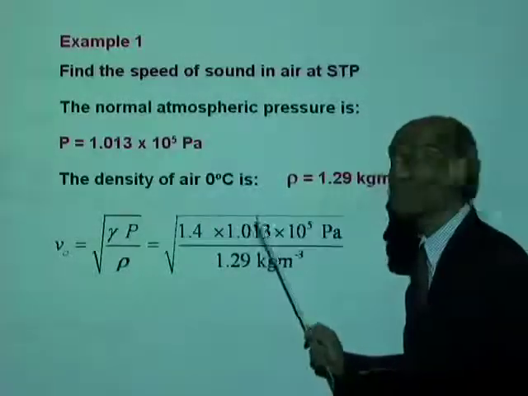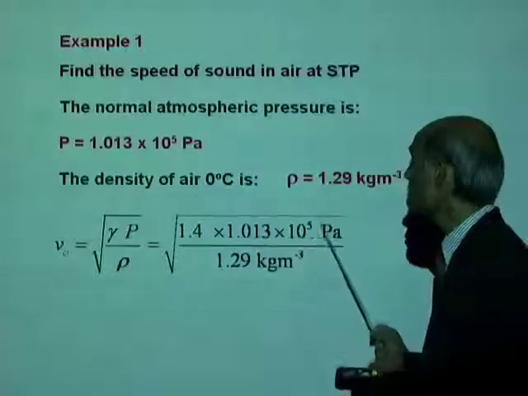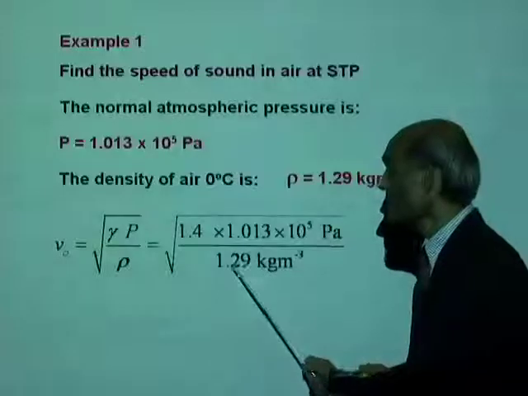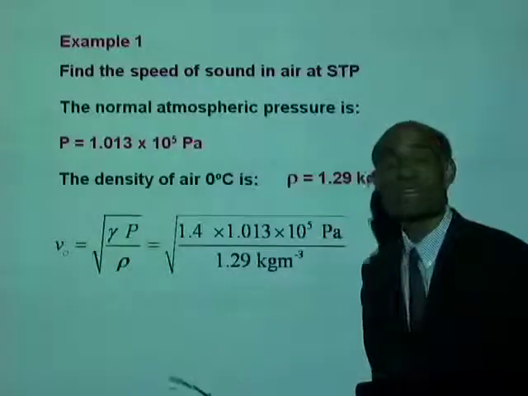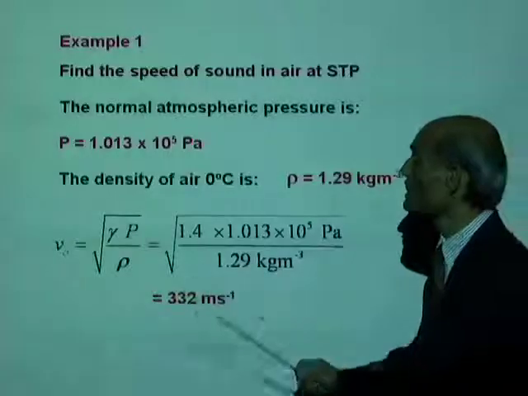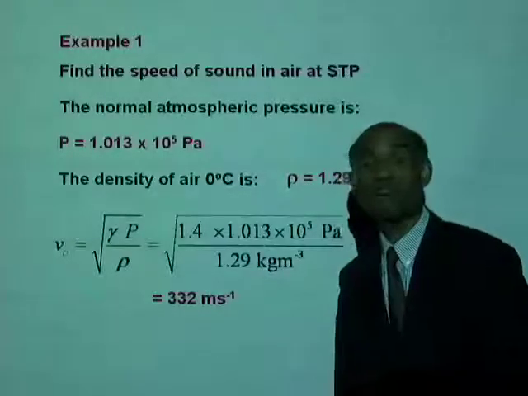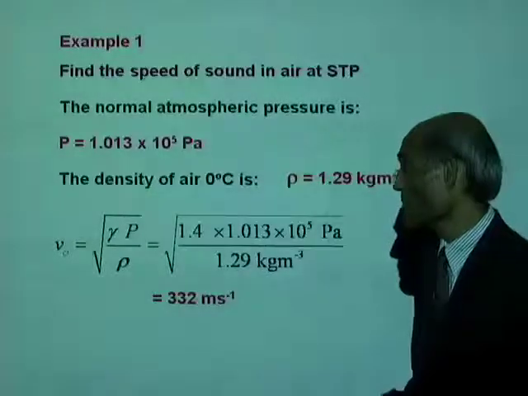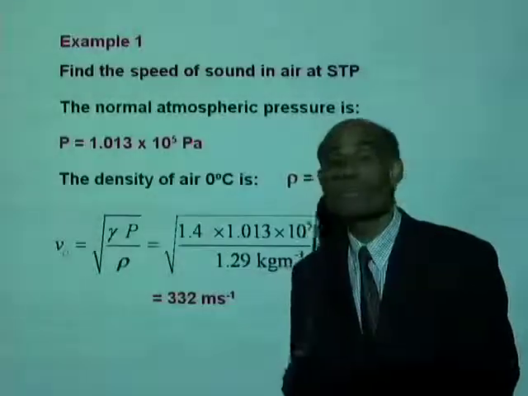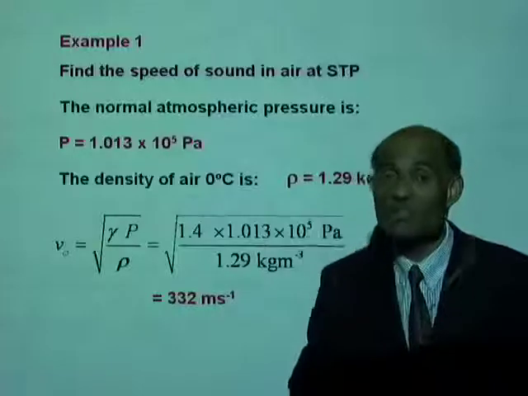Gamma is 1.4, P is 1.013 times 10 to the 5 Pascal, divided by density 1.29 kilogram per meter cube, and we get that as 332 meter per second. This is the speed of sound in air at 0 degrees Celsius.